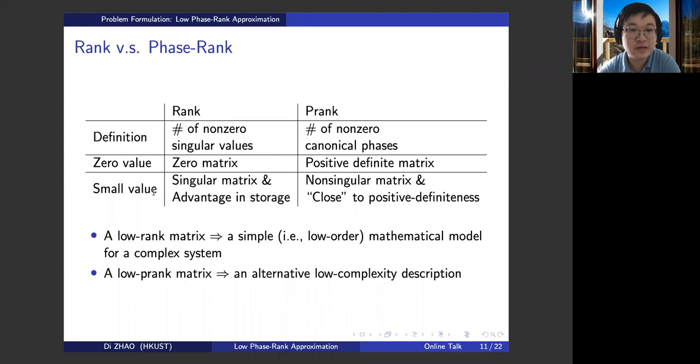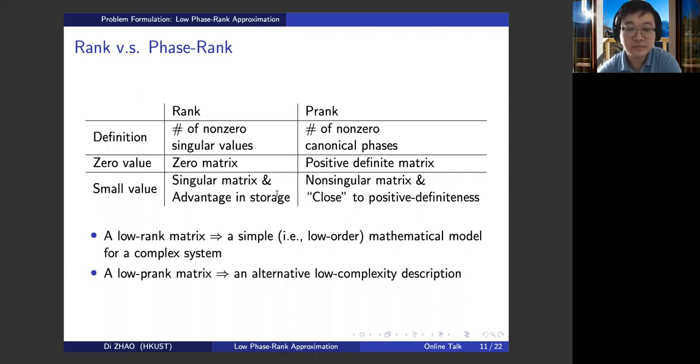And if a matrix has a low rank, then it must be singular. On the other hand, it has some advantage in storage, because a low rank matrix, even if its dimension is very huge, can be stored with a small space.